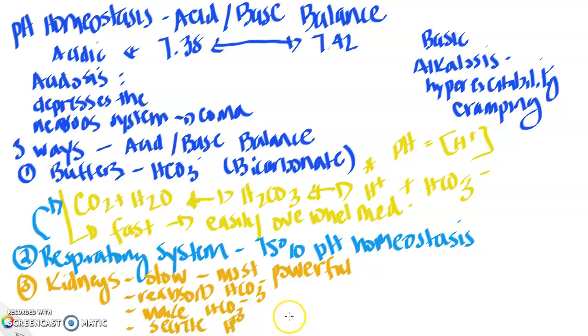The kidneys can also reabsorb them, but the problem is usually going to be a lower pH number, and when pH is low, we can get rid of hydrogens by secreting them into the filtrate. We can also reabsorb them though. So if we're too basic, they can be reabsorbed.